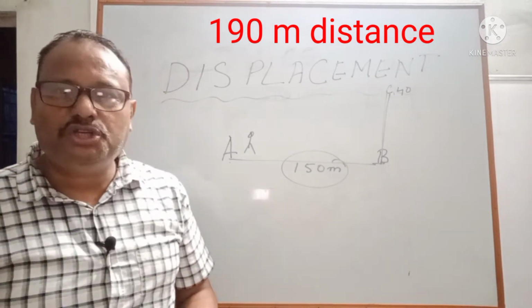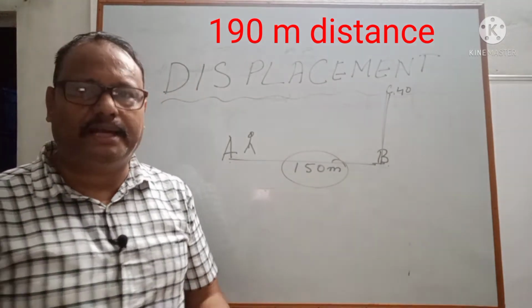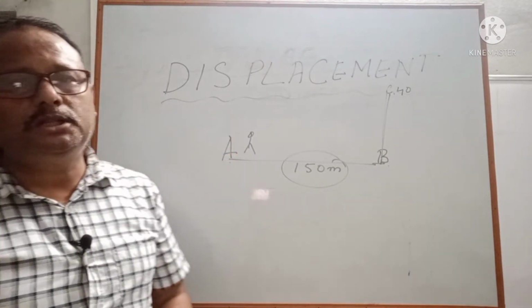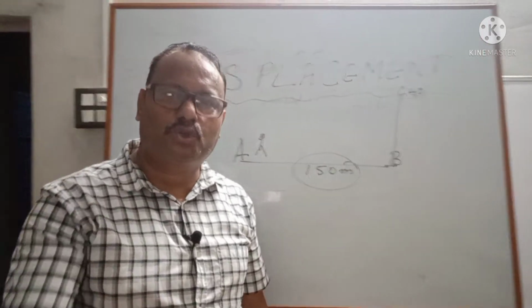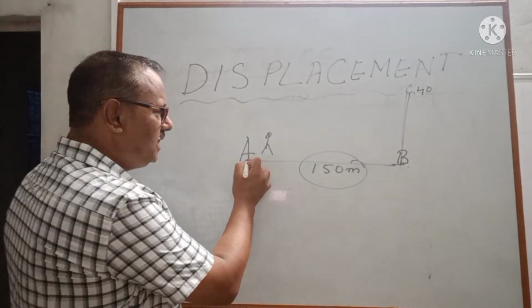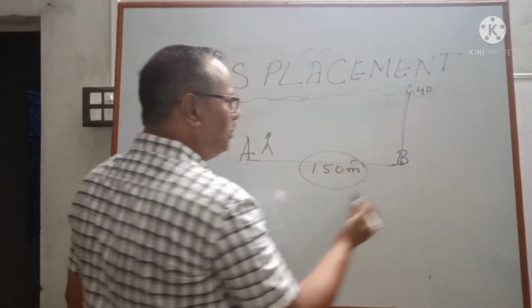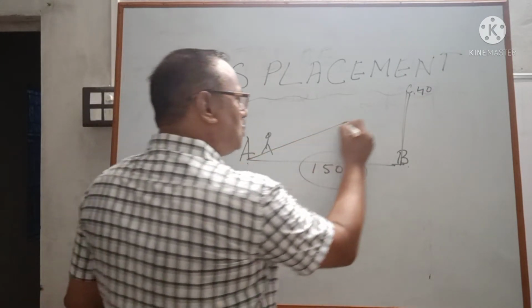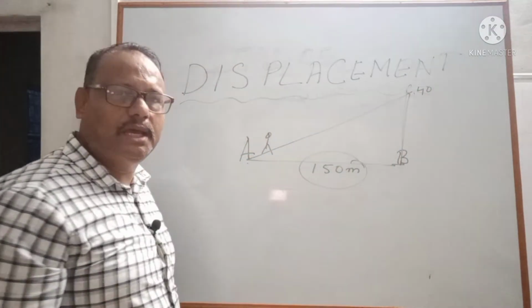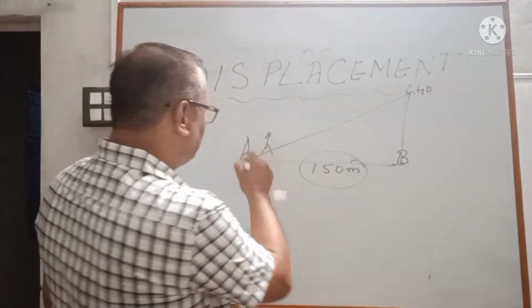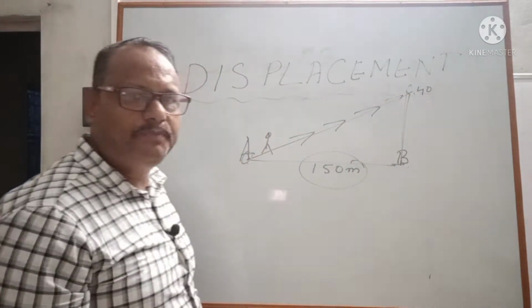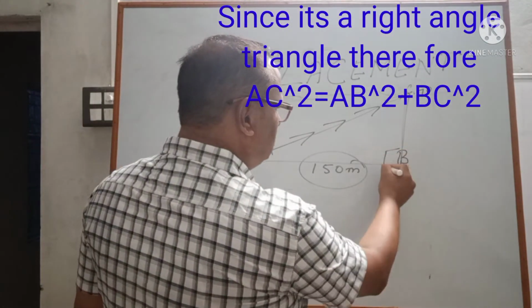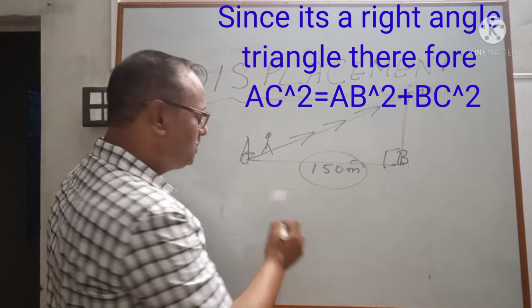But our definition of displacement states that the shortest distance between the point of origin and the point of reaching is called displacement. So the point of origin is A and the end point is C. So the shortest distance from point A to point C will be my displacement. Since it is 90 degrees, I can use the Pythagoras theorem.